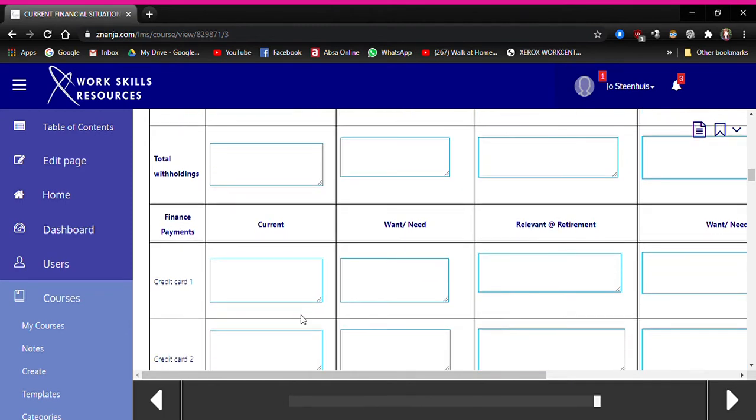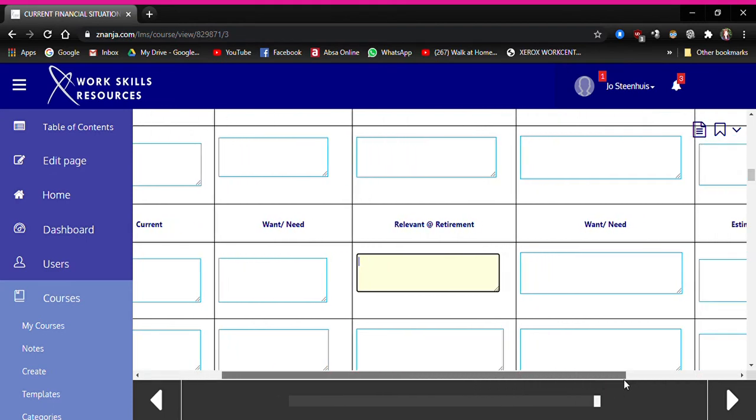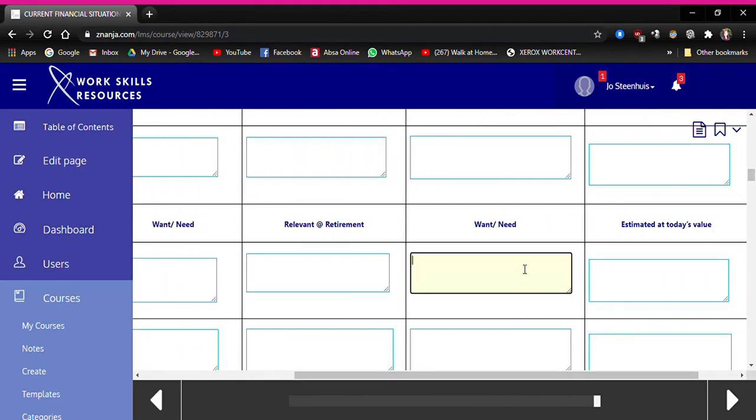Now let's look at finance payments. Finance payments is not necessarily applicable to all people. So if a suggested row doesn't apply to you, you will not complete it. Current credit card 1. Is that a want or is it a need? Is that relevant at retirement? Is it going to be a want or a need at retirement?